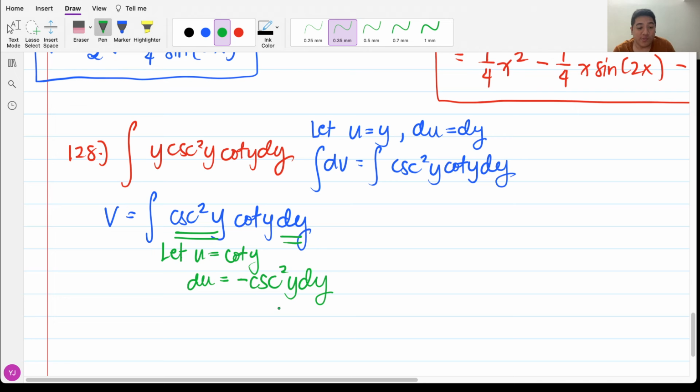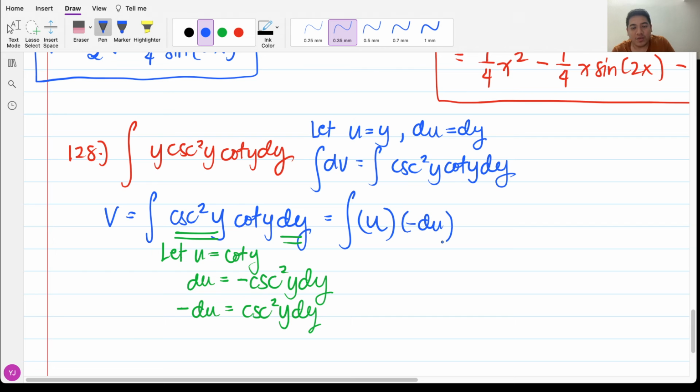So I only have negative du. If I use u substitution, the cotangent y will be u, and the cosecant squared y dy would be simply negative du.